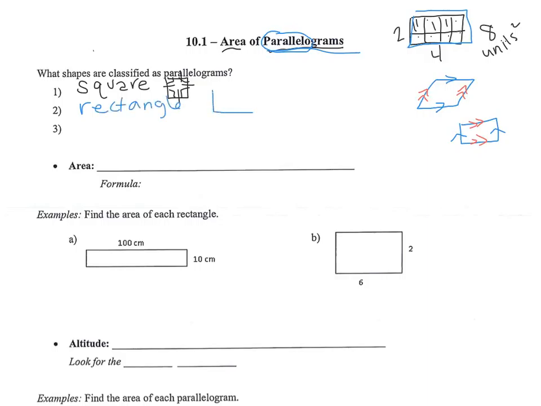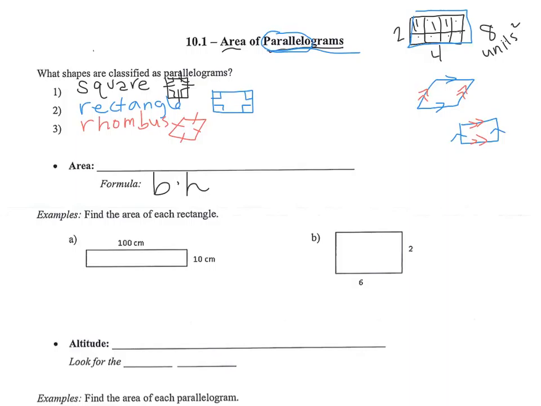A rectangle has 4 90-degree angles. And a rhombus is a parallelogram. A rhombus has 4 sides that are equal. So the area of any of these parallelograms is base times height.